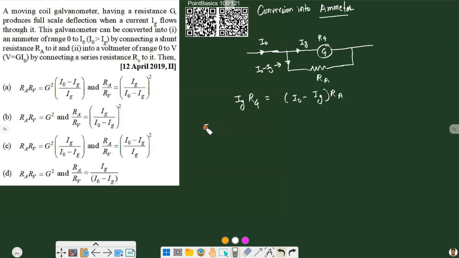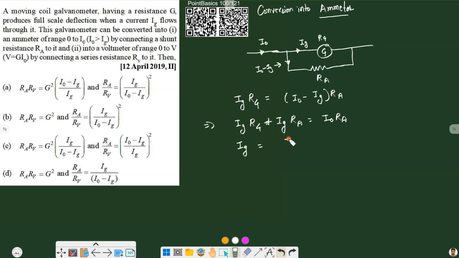So solving this equation, here we will have Ig Rg plus Ig Ra equal to I node Ra, and from this we can find the value of Ig.